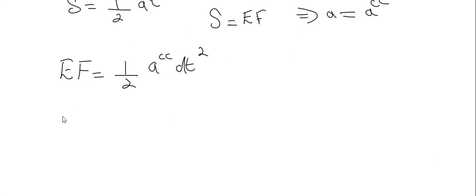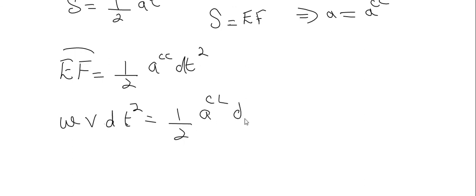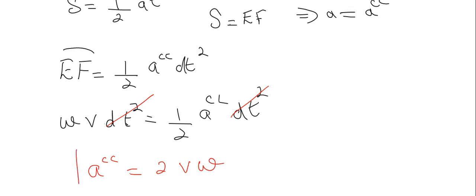Substituting back, EF we have already found as omega into v into dt square, is equal to half of acceleration times dt square. From here you can see that dt square cancels and you will get the Coriolis component of acceleration is equal to 2 times v omega. This is the equation for Coriolis component of acceleration.